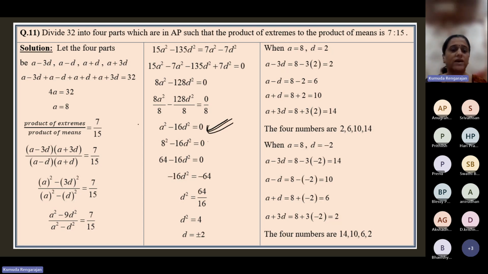So here I've used the value for A as 8. So 8 square minus 16D square is 0. On working this, we get the two values for D, plus or minus 2. So when A is 8 and D is plus 2, when A is 8 and D is minus 2, the four numbers we'll have to generate.